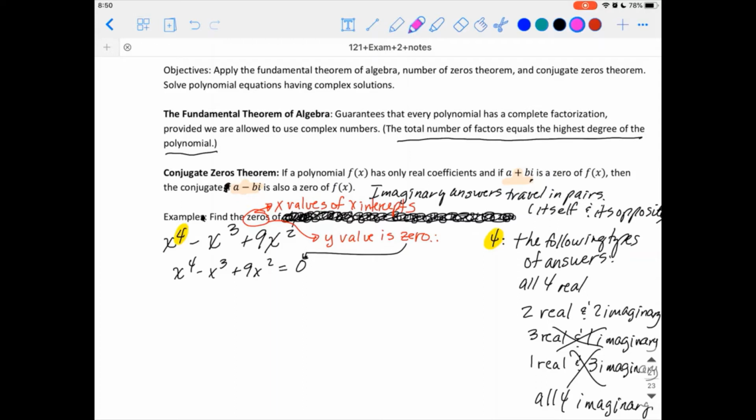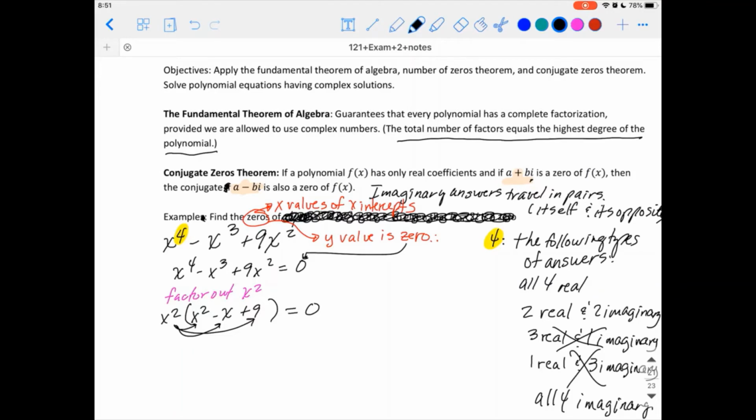So I'm going to factor out an x squared. x squared goes on the outside. x squared times x squared gives me x to the 4th. x squared times a minus x gives me minus x cubed. And x squared times a plus 9 gives me 9x squared.